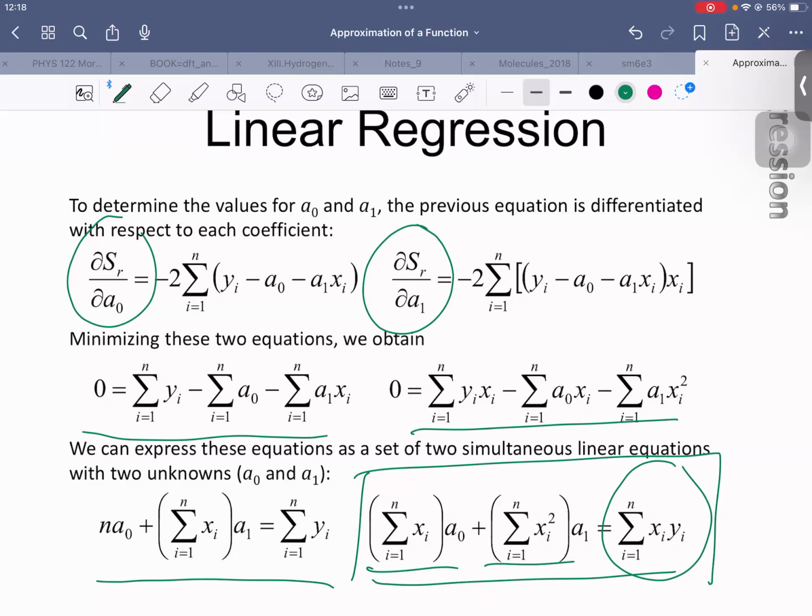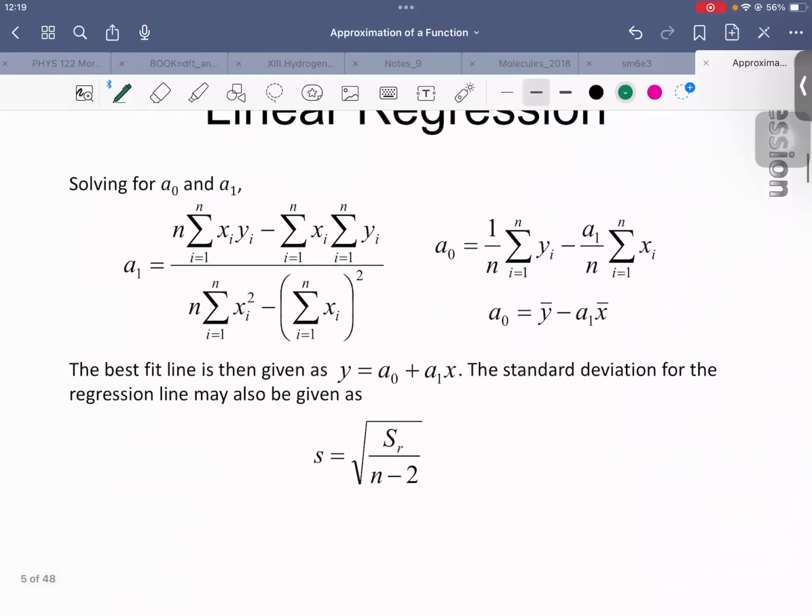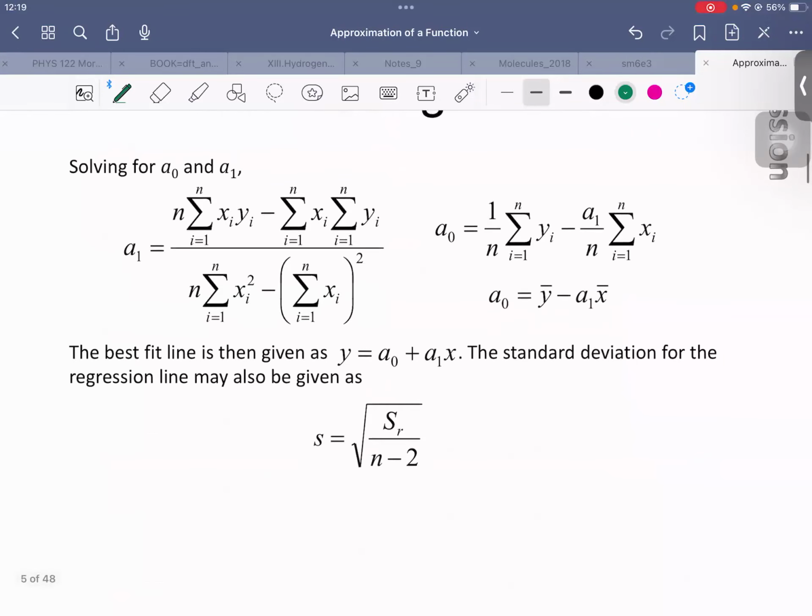So the first term is the summation of xi, all your values of x, the raw data, okay, times A0. And then the second term is the sum of the square of xi, okay? All right. So now you can solve for A1 and A2 using those equations.